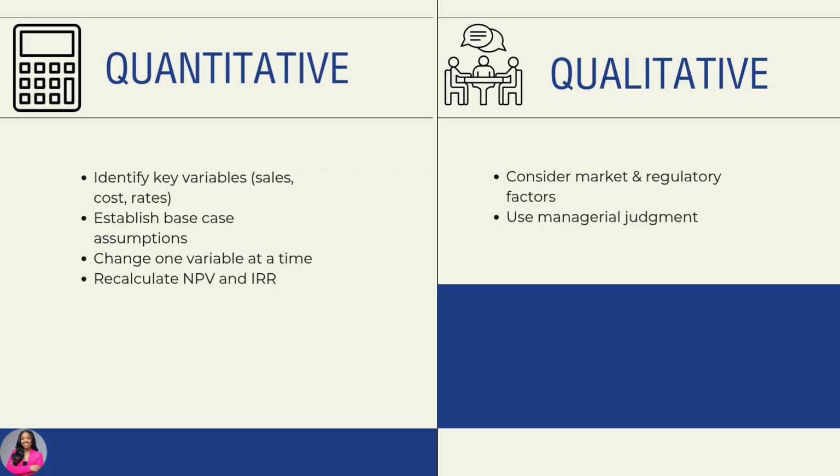Then a base case is established using the most likely estimates. After that, one variable is changed at a time while all others remain constant, and NPV or IRR is then recalculated to measure the impact.